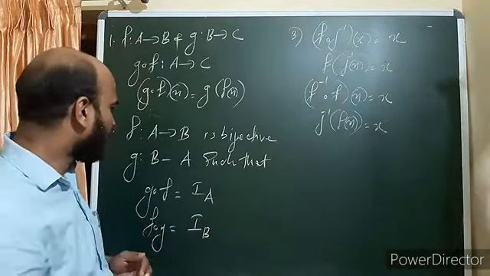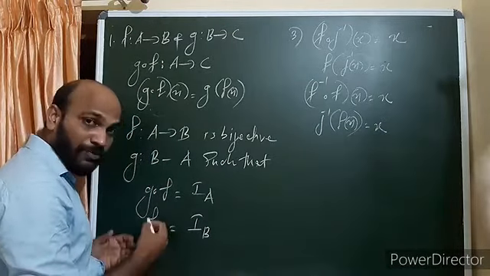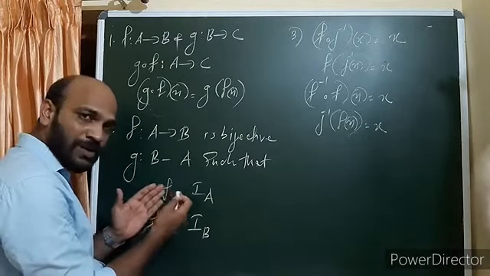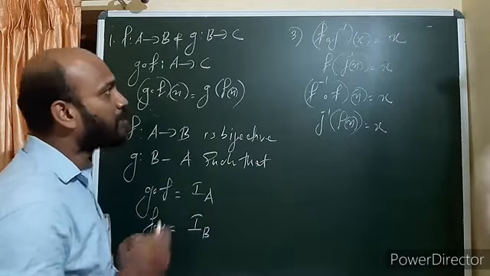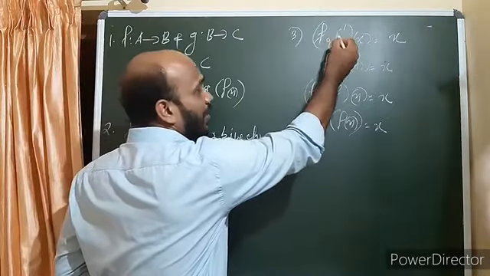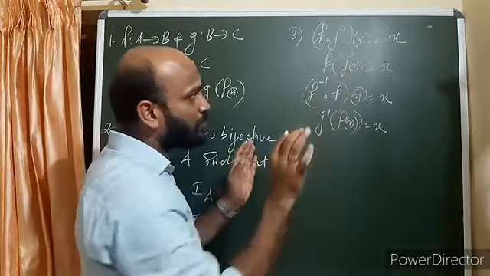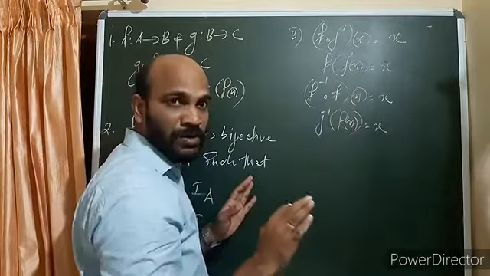Because we know that if g is the inverse of f, then f(g(y)) equal to y or g(f(x)) equal to x, the same element we will get. So since f inverse means the inverse of the function, f(f inverse(x)) will always be equal to x. Same way f inverse(f(x)) will always be equal to x.